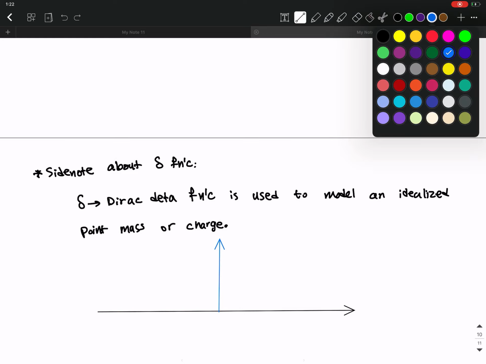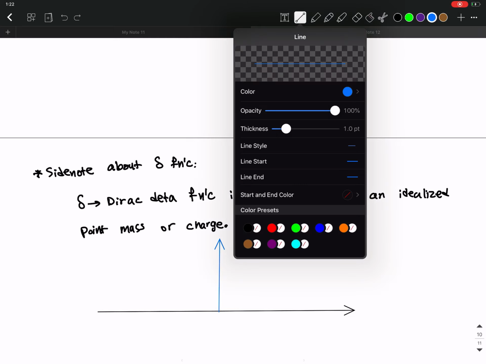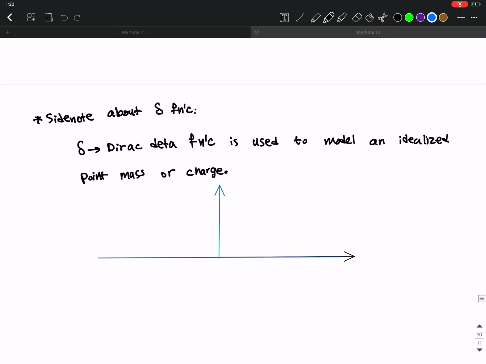It's going to be 0 everywhere, except at one point, which is going to be infinity. Okay, so it's going to be infinity here, but 0 everywhere else. So there are two fundamental properties of the delta function.